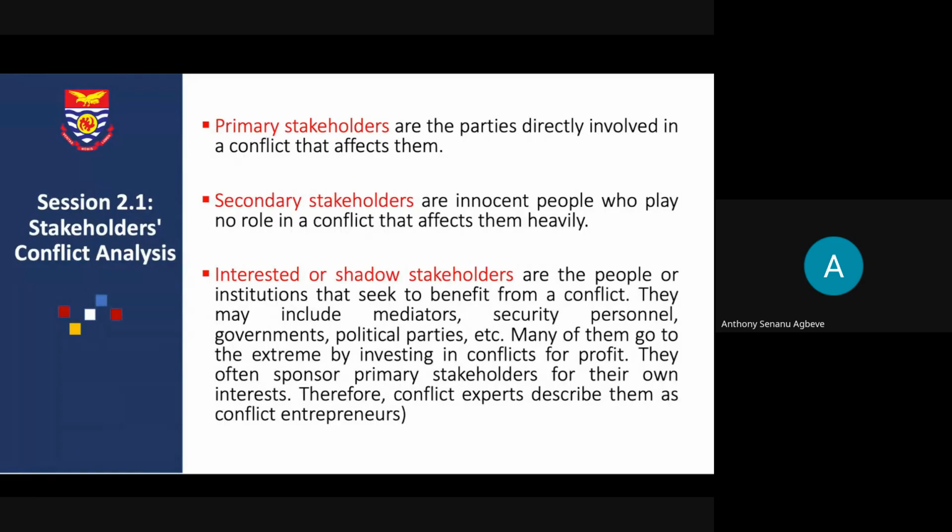There has been an instance where it came up in the news, I think on Joy News some time ago, that in the Bawku conflict there are some people in Accra who are financing the conflict.